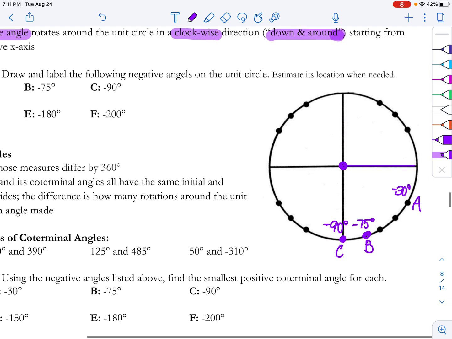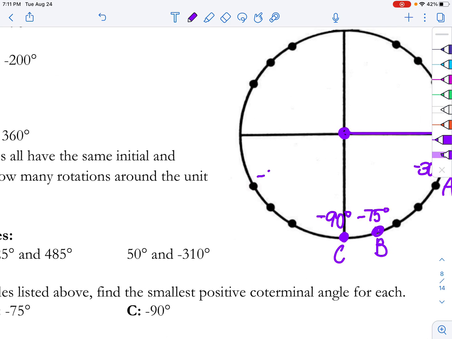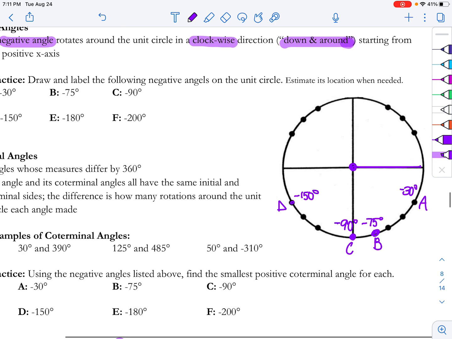D, negative 150. So if from here to here is negative 90, where am I? Here we go. Negative 90, so this would be another 30 degrees, negative 120, negative 135. Here's negative 150. So we would say this point right here, negative 150 degrees, is point D. Point E, negative 180. So notice negative 180 and positive 180 are the same spot because we're rotating 180 degrees in both directions, which is a straight line.